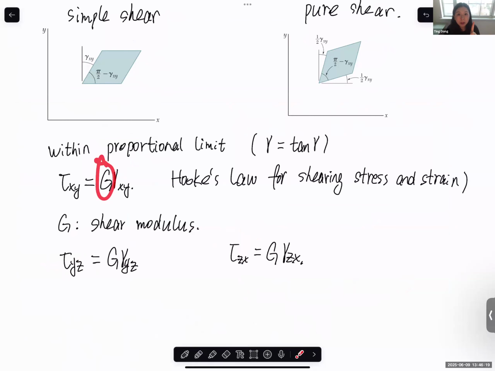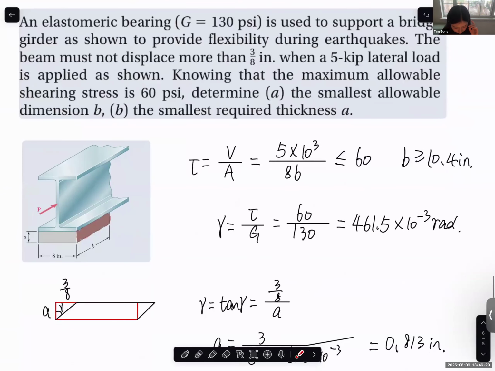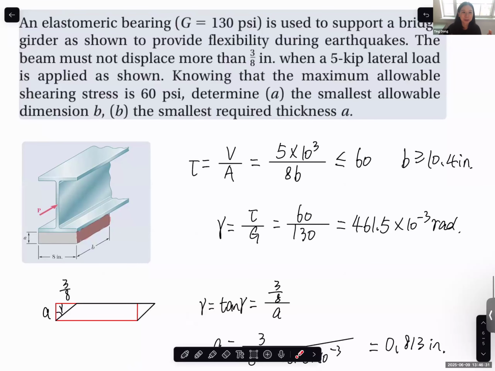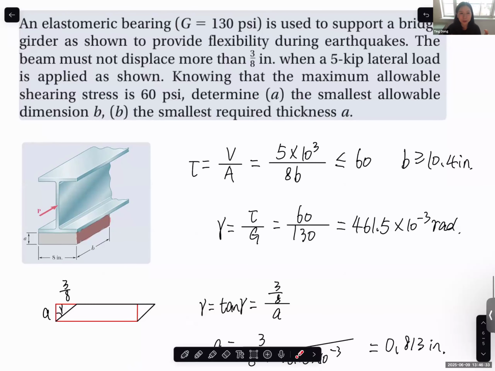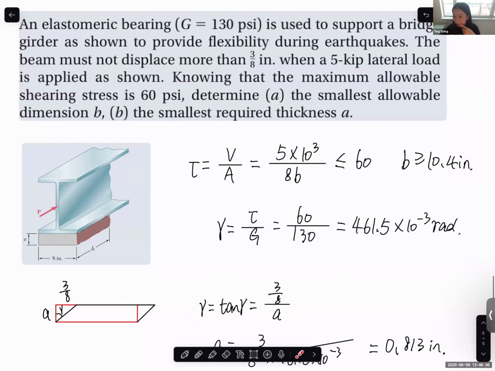Clear? I go back to the conceptual part because some students probably don't know what the shear modulus means. I know it's about the example problem. Shear modulus, similar as Young's modulus, is a relation between the stress and strain. It's a material property.